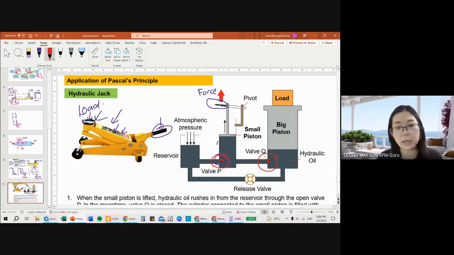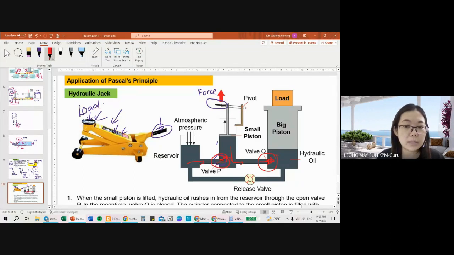Valve Q allows the hydraulic fluid to move from the smaller piston towards the bigger piston. Valve P allows fluid from the reservoir, which holds the additional oil, to move into the smaller piston when valve Q is closed.